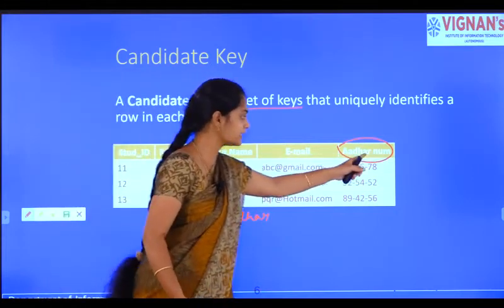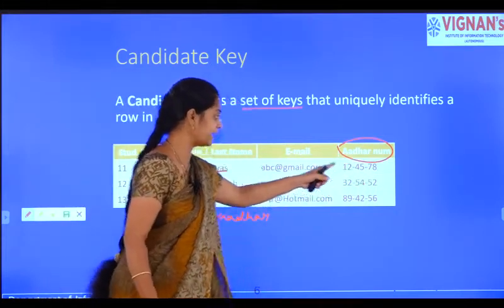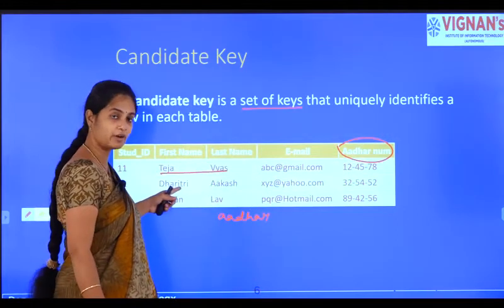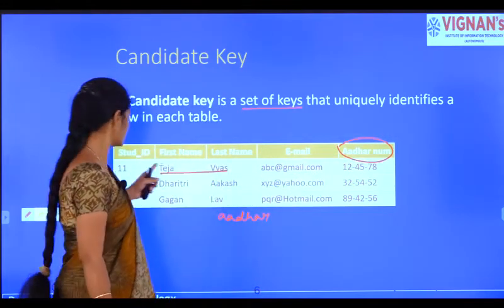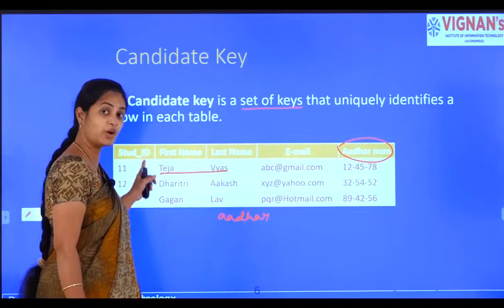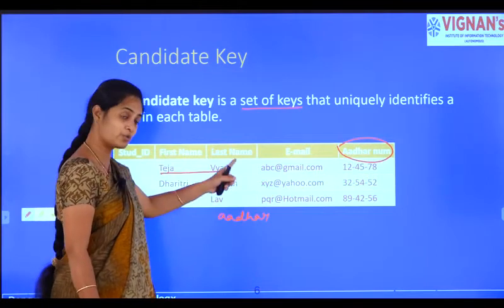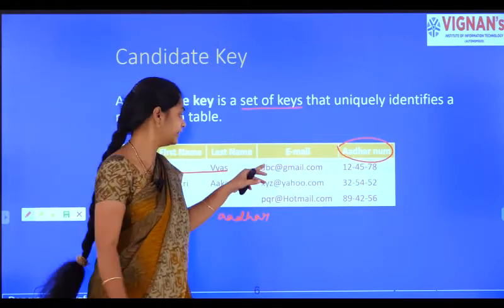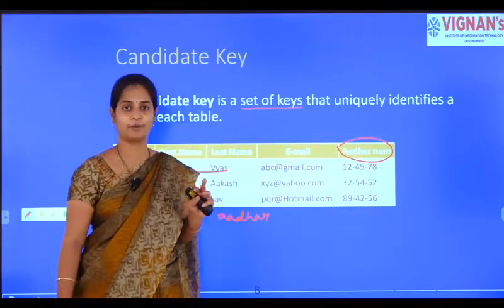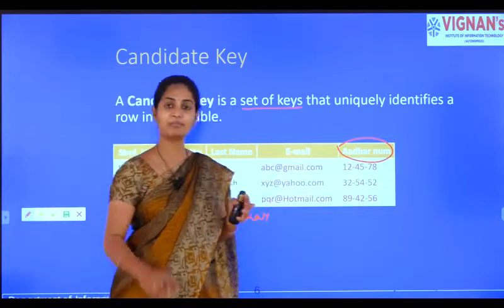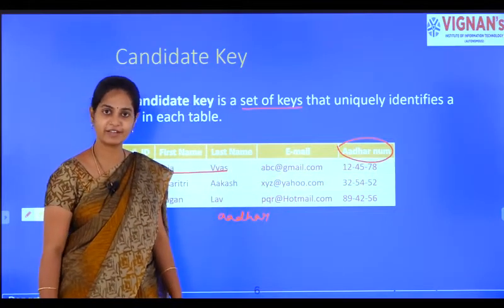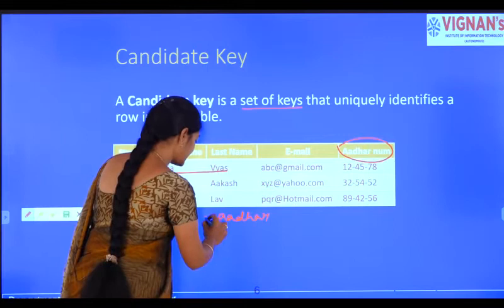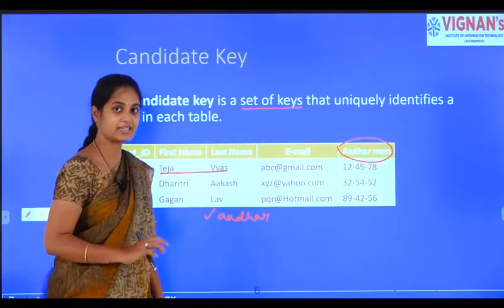So using the Aadhaar number, we can identify the entire tuple. This belongs to student 11 whose name is Teja, whose last name is Vyas, and he has an email account of abc@gmail.com, right. So Aadhaar is a key here.